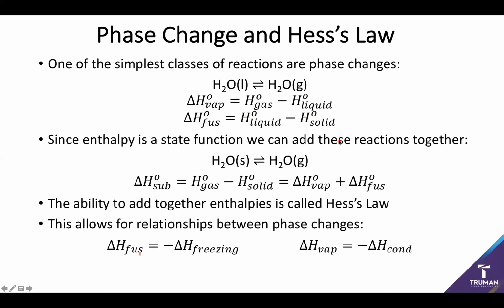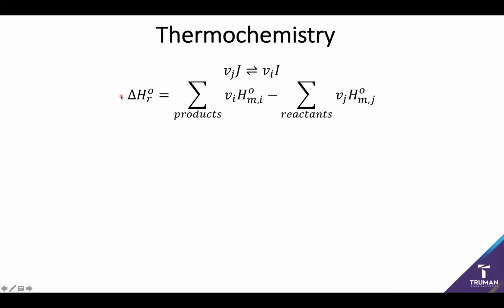Now, one of the useful things we can do is, again, try and determine any reaction as long as I have the enthalpy of the individual species, and then take products minus reactants, and again, making sure to scale up for the stoichiometric coefficients of each one. Because again, when we're talking about the enthalpies of each individual species, we tend to talk about the molar enthalpies for each species. So I need to know how many moles there are per mole of reaction.